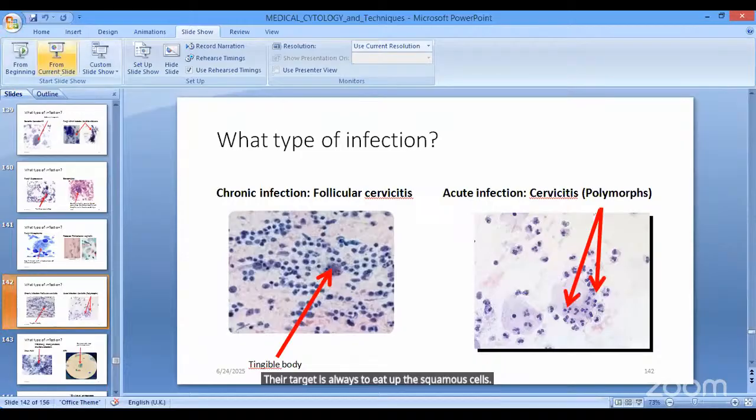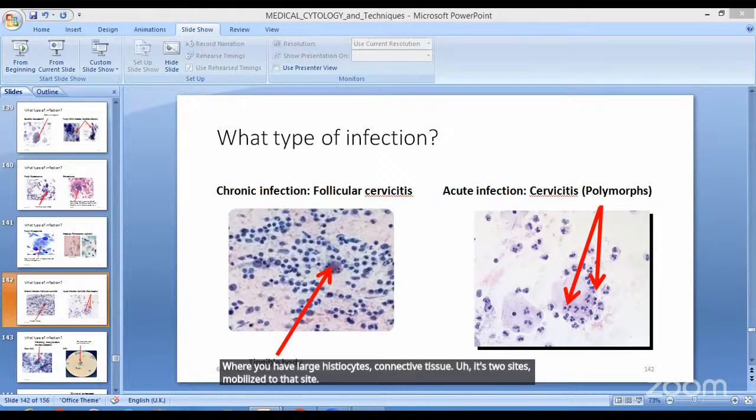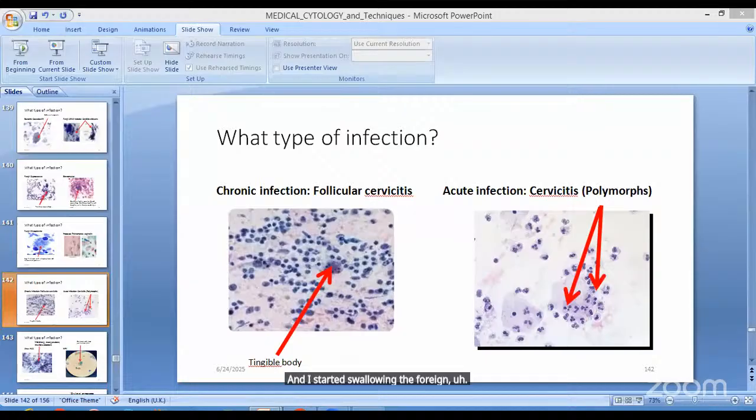More, is it chronic infection? If it is chronic infection, then we are talking about follicular cervicitis, where you have large histiocytes, connective tissue histiocytes mobilized to that site and start swallowing the foreign bodies, the infection, the bacteria or the fungi.